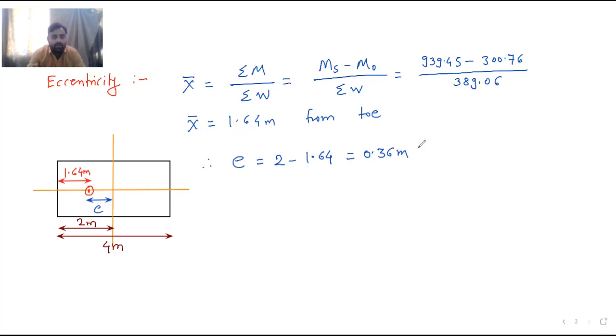Now after the calculation of eccentricity E, we will calculate the soil pressure which is acting on the retaining wall from the ground. Okay, soil pressure which is acting from the ground. Okay. That we are going to calculate now.